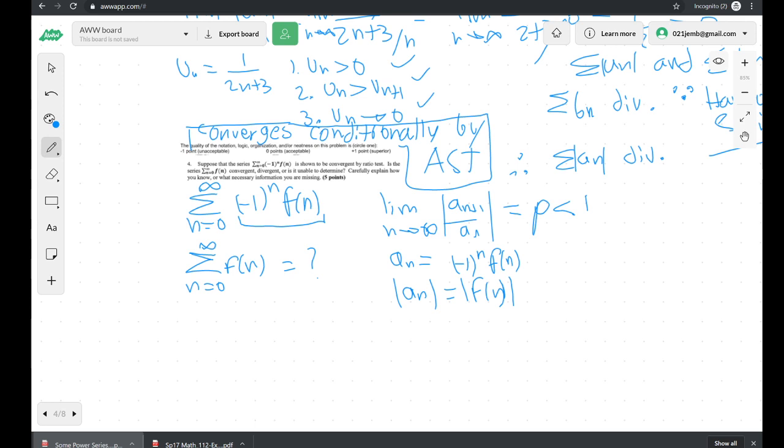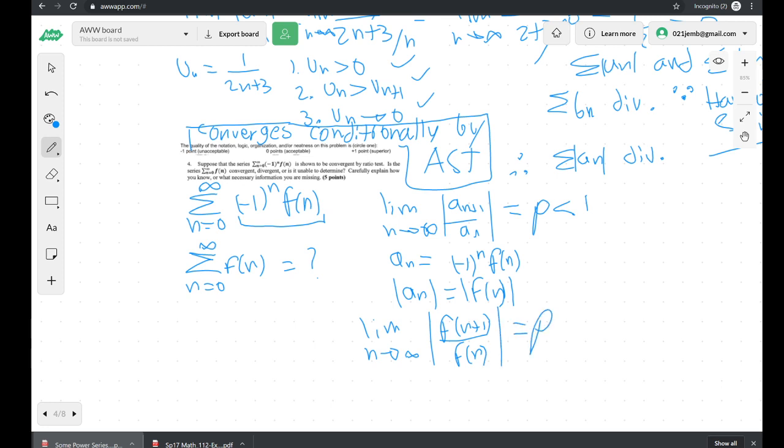So we can take the limit as n goes to infinity of the absolute value of a sub n plus 1, which is going to be f of n plus 1, divided by a sub n, which is going to be f of n, equal to some value rho.